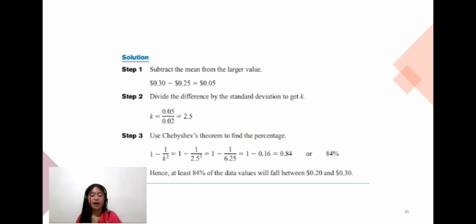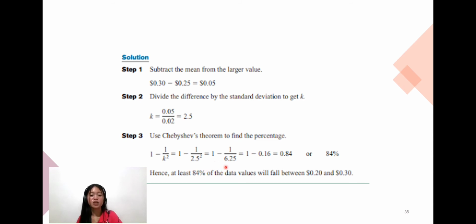Then we use Chebyshev's theorem to find the percentage. So, 1 minus 1 over K squared is equal to 1 minus 1 over 2.5 squared.